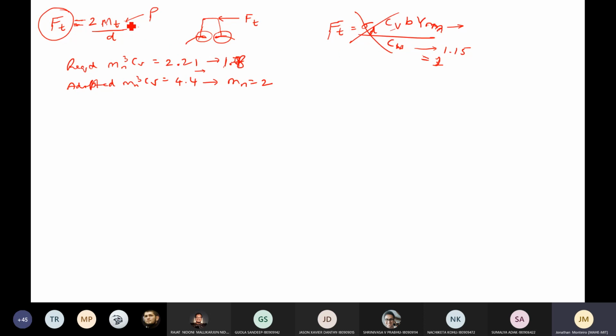So we will not get our optimum value when solving for 2.21. The optimum value may be around 1.7 or 1.8, which we are anyway not going to take. That is why we will not be going with the Lewis equation at this junction, when we calculate this Ft value in order to calculate Fd, which is Ft plus K3V and so on.